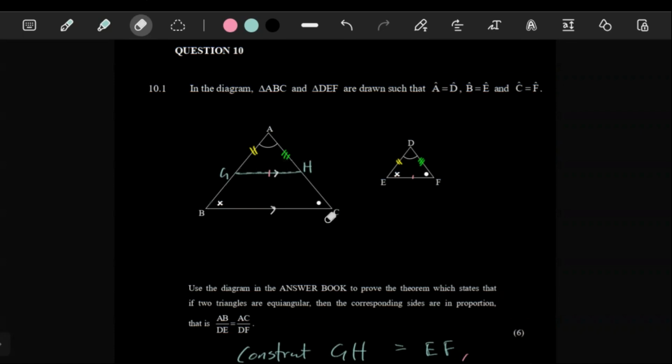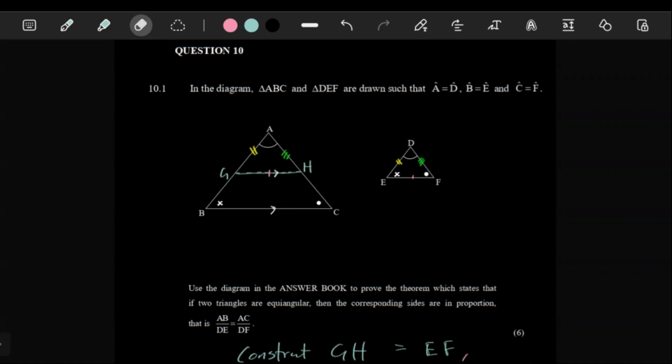AHG is going to be equal to the C over there. So with that being said, let us carry on.